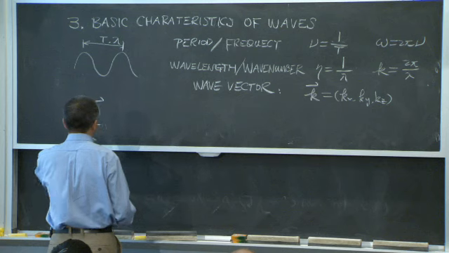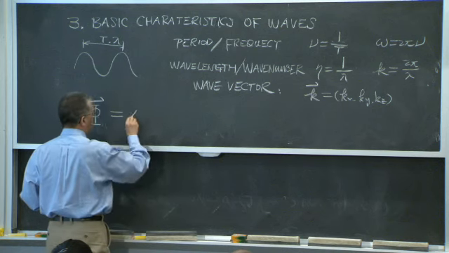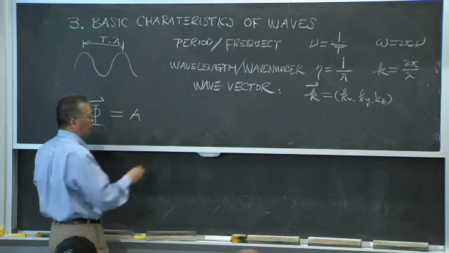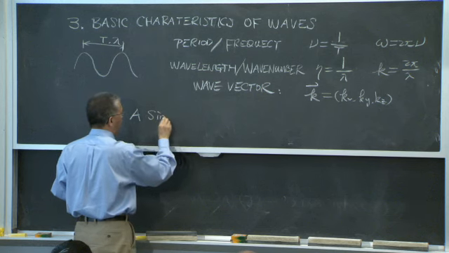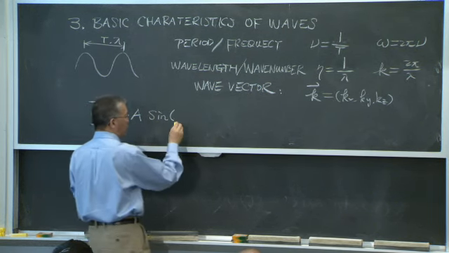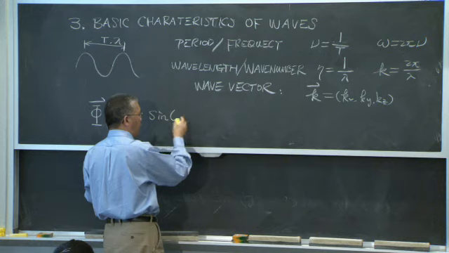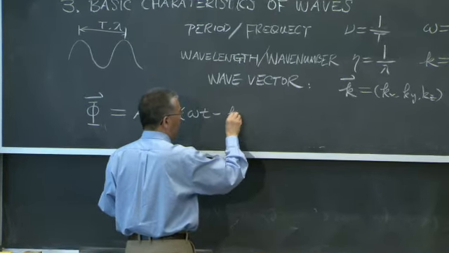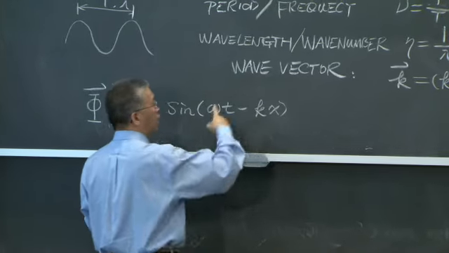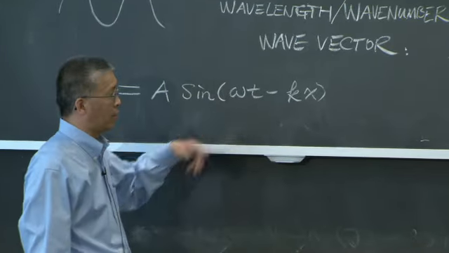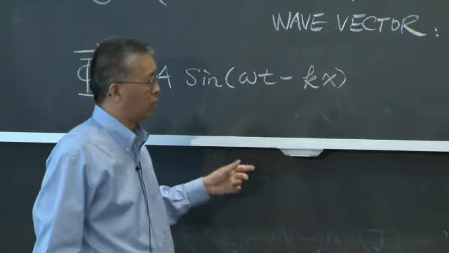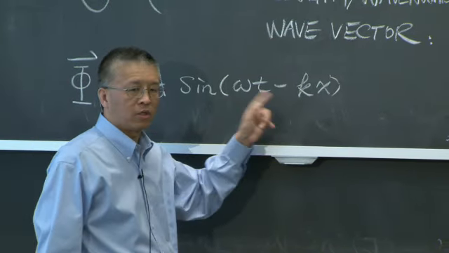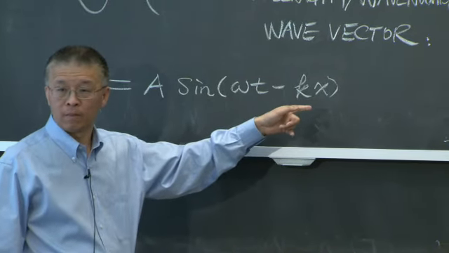So a vector that has an amplitude, and I write a constant amplitude, and I have omega t minus k times x. You can substitute omega equal to 2 pi nu, k is 2 pi over lambda. So this is a wave traveling in the x direction.